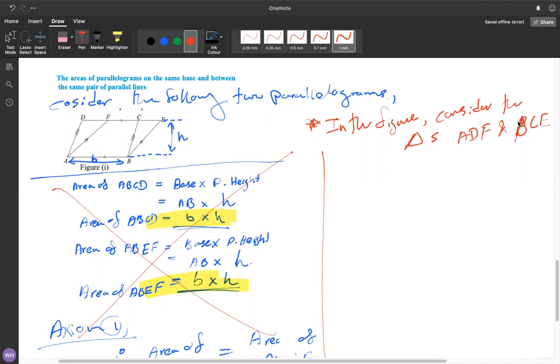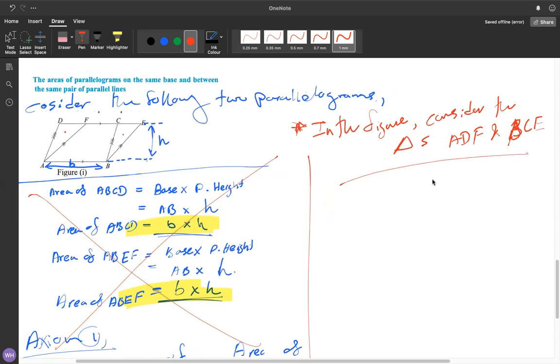ADF and BCE. Right? Now these two triangles, what I'm going to do here is make them congruent. I'm going to show that these two are equal in area in another particular manner. Okay. So let's check that. How to show that these two are congruent? Any idea?